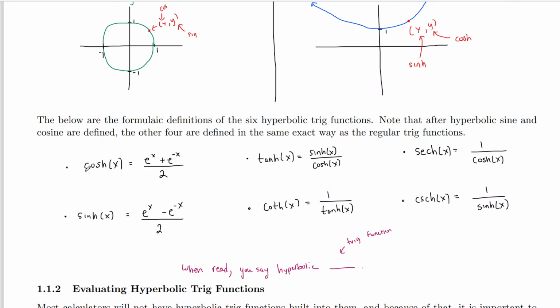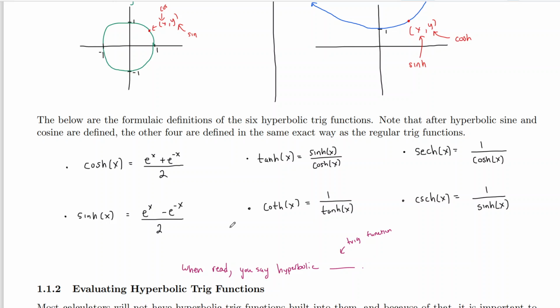The definition of hyperbolic cosine of x equals e to the x plus e to the negative x over 2. That's its definition. It comes from the hyperbola, but if you trace the y value, it actually will trace the same values here. And the x value, hyperbolic sine, actually follows this shape. Hyperbolic sine of x equals e to the x minus e to the negative x over 2.